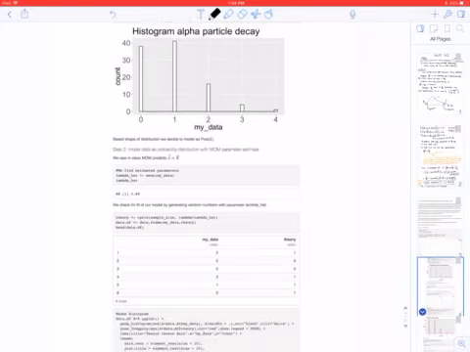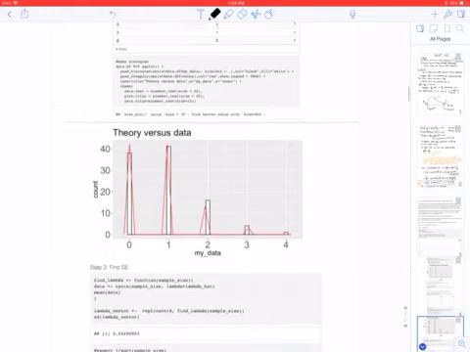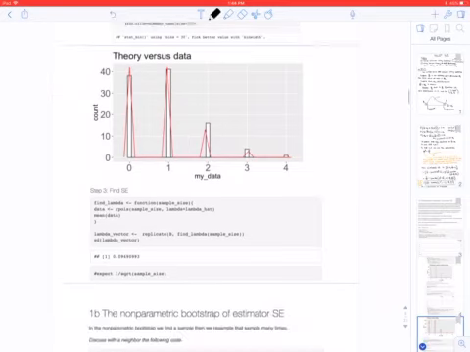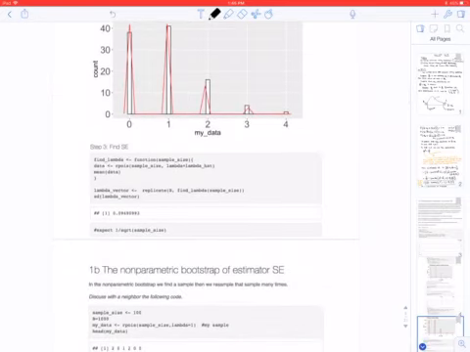So it's not quite 1, but that's the randomness that you have. And this is how it fits the data. It looks like a reasonable fit.